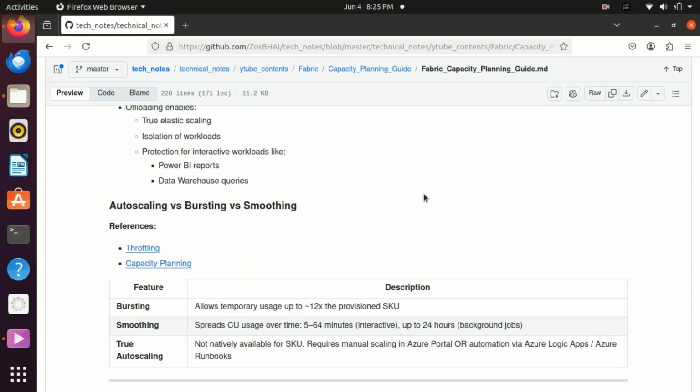So there is no automatic way to scale up and scale down in Fabric. You can scale up and scale down manually using Azure Portal, or in a semi-automated way using Azure Logic Apps or Azure Runbooks.